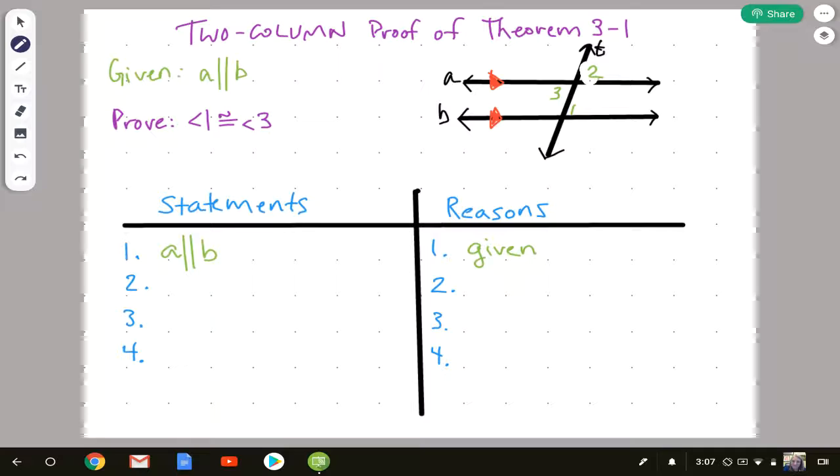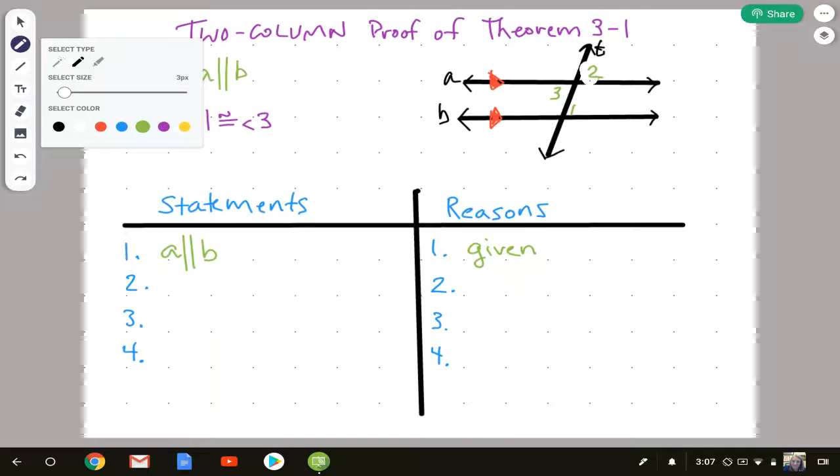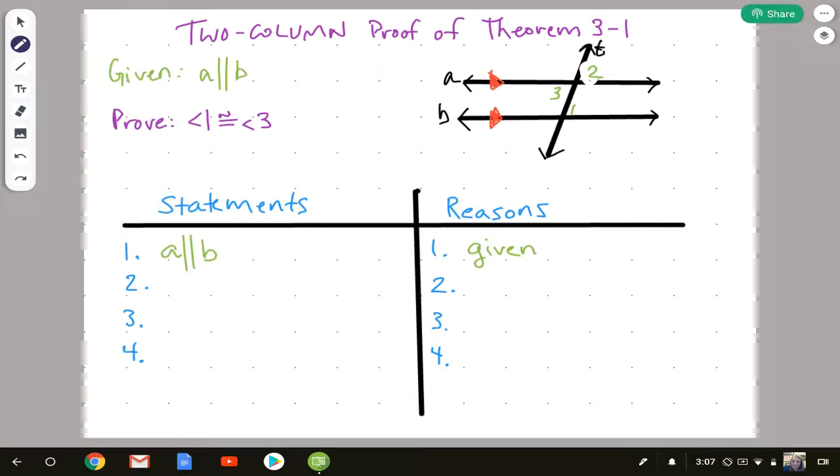So one thing that I can do is say angle 1 and angle 2 are congruent because they're corresponding angles, and we did have the corresponding angles postulate that told me that any corresponding angles are congruent. Remember, they're in the same position relative to the transversal and the line that it's intersecting.